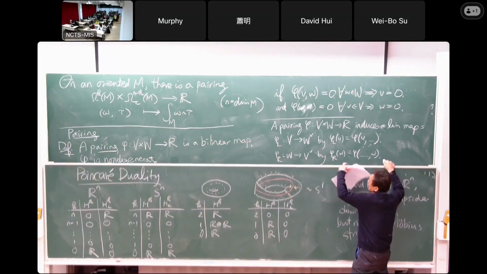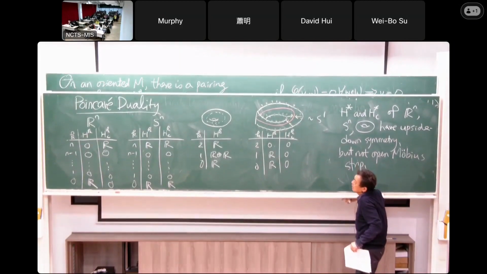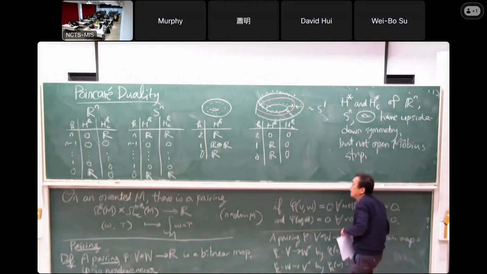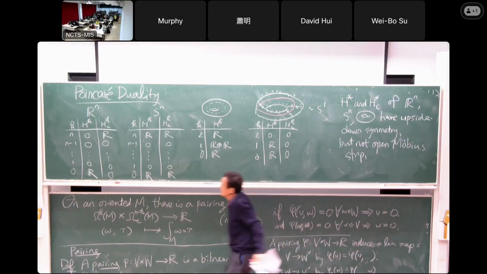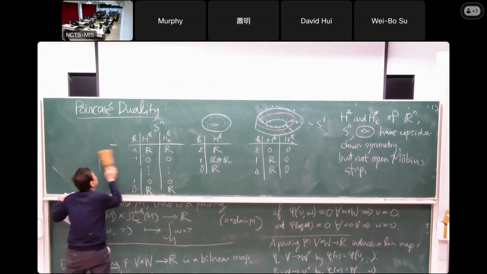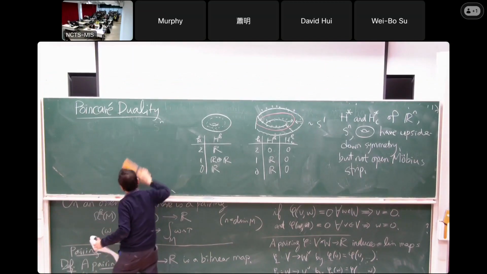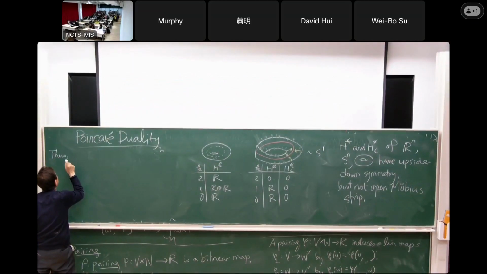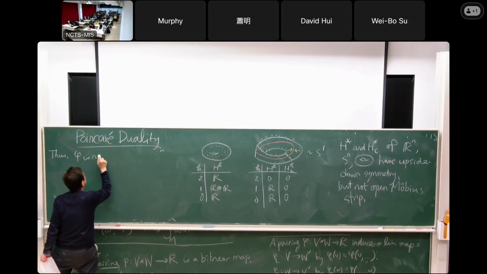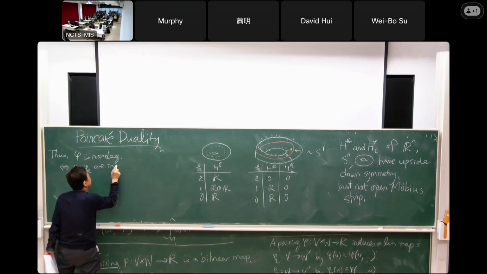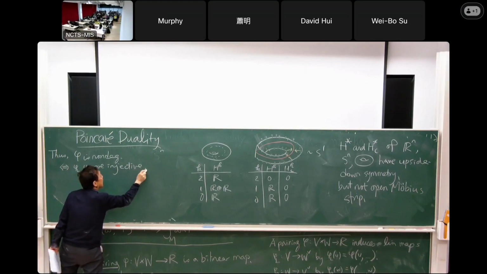So phi is non-degenerate if and only if the left map and the right map are injective.